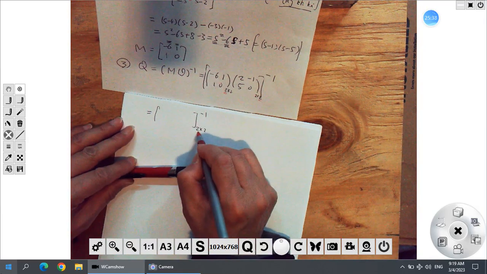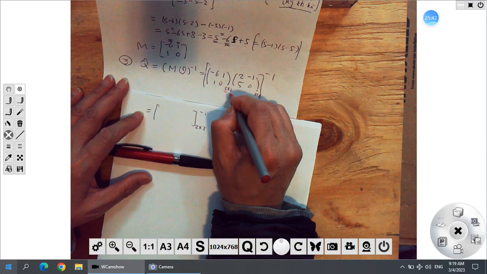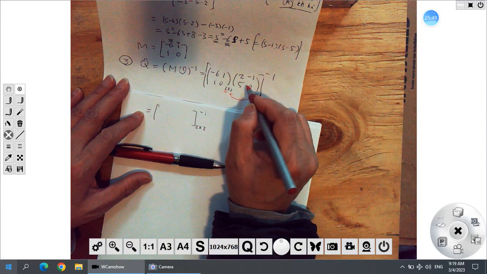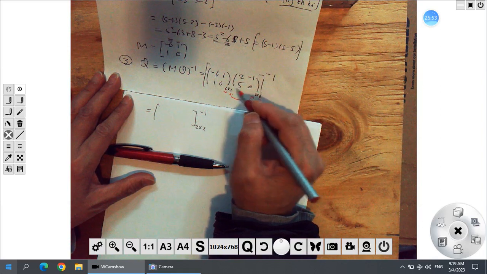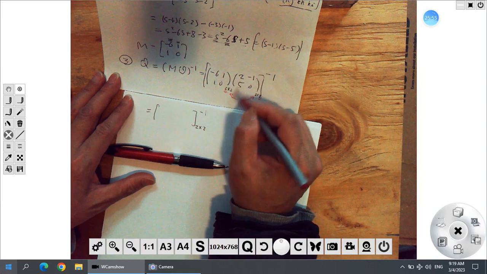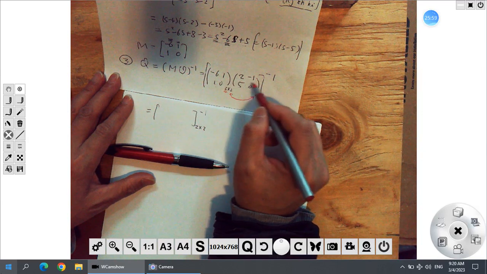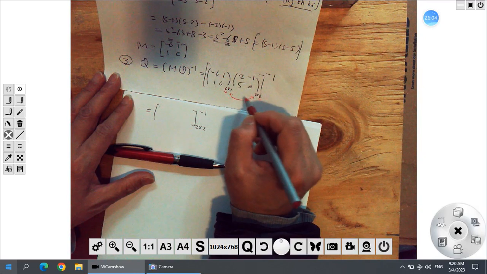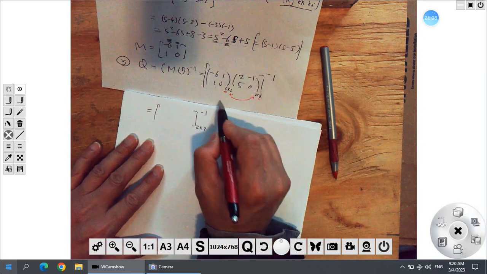Here's a 2, here's 2. Here's a 2, here's 2. And of course, we need these two numbers to be the same. If they are different, you cannot multiply them together. The size doesn't match. If you calculate in MATLAB, you put the two matrices, you want to multiply them together, if their size doesn't match, MATLAB will tell you the size doesn't match. Okay. So here is 2 by 2.